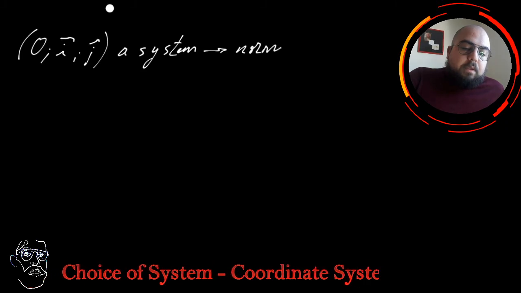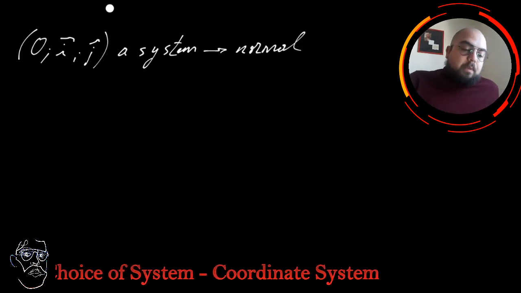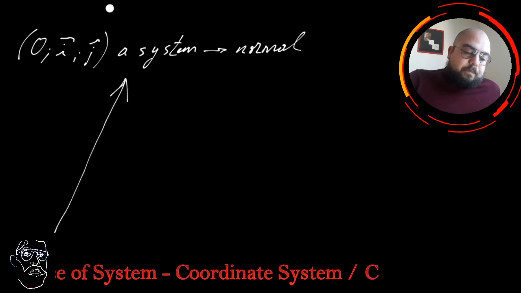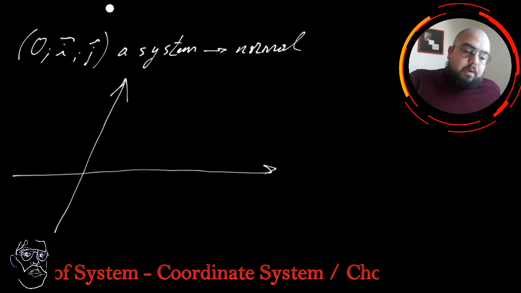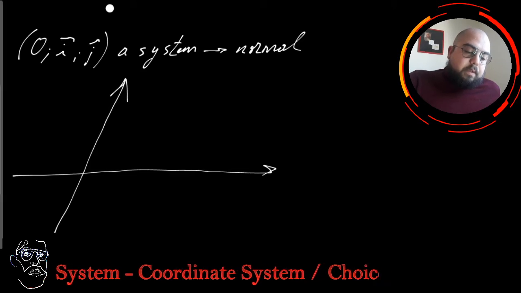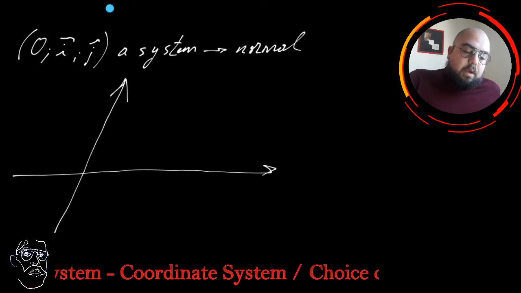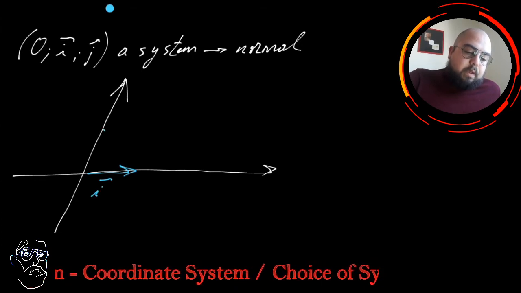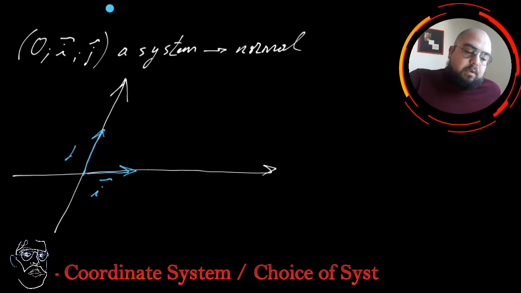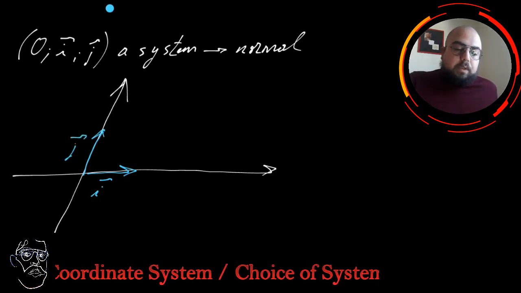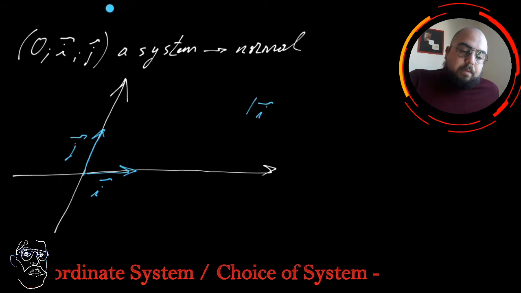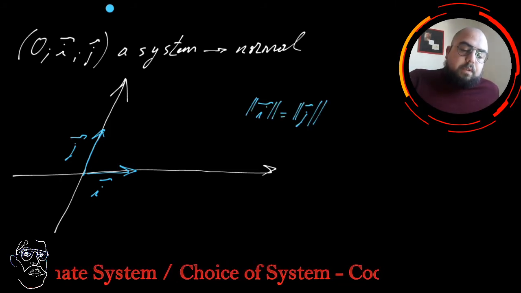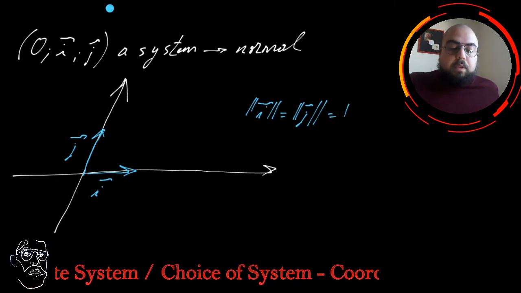In this case, you have to make sure that you will have a system where your unit vectors I will be equal to the unit vector j, and of course it will be one unit. So you have I is equal to j in values, and is equal to 1 unit.